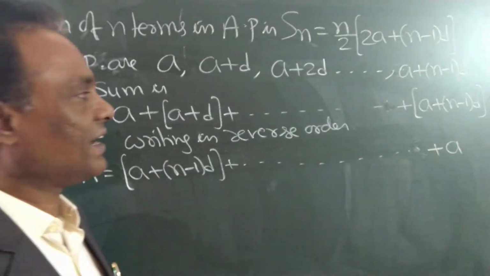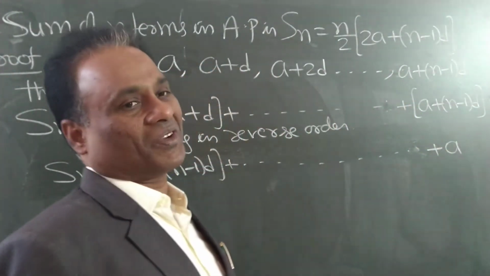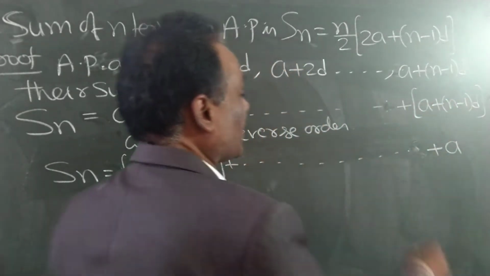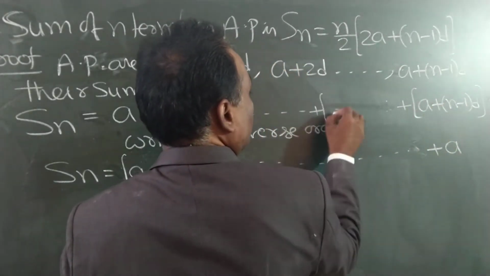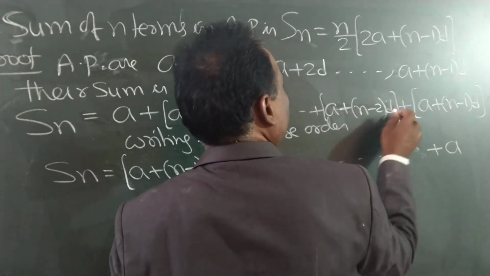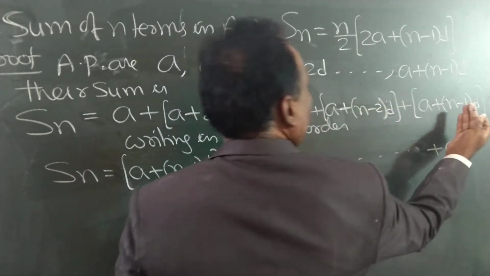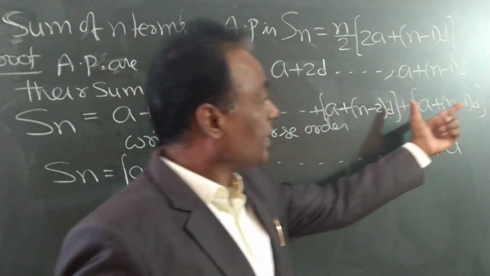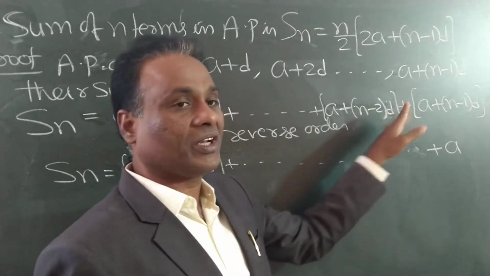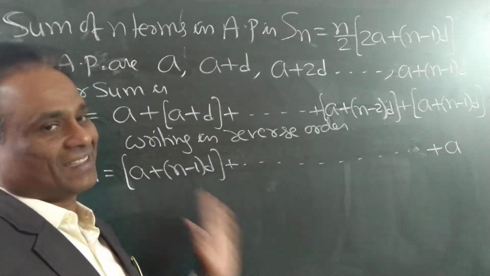For your understanding, I will write one more term before this. If this is a plus (n minus 1) into d, what is the term before this? a plus (n minus 2) into d. Before that, a plus (n minus 3) into d, like that.